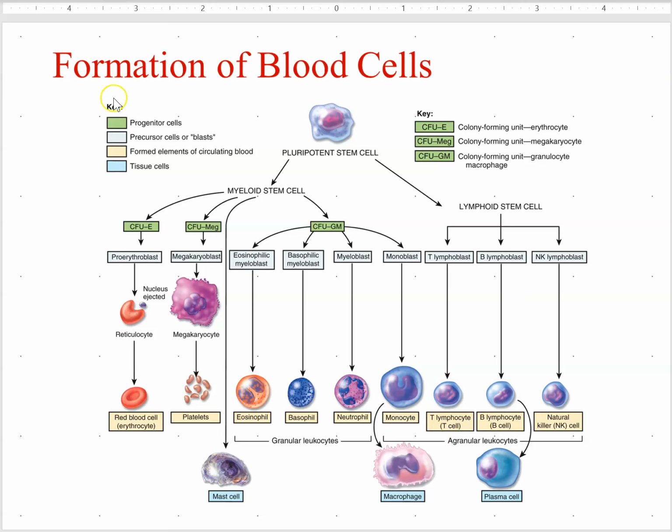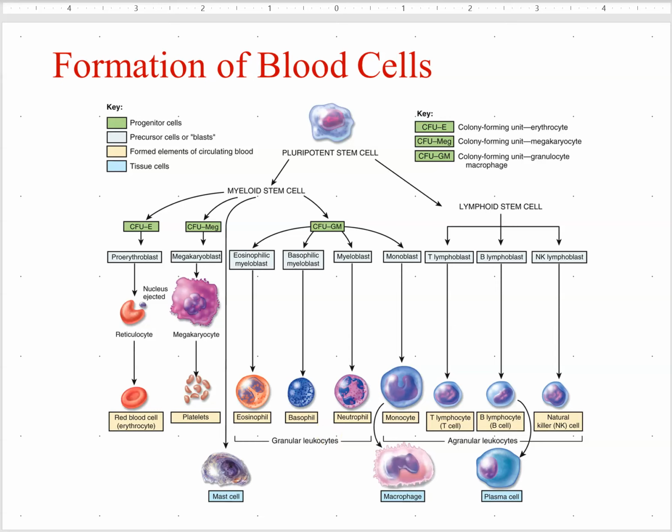And the next type of cells are myeloid stem cells. Myeloid stem cells give rise to all other formed elements, including erythrocytes, which are nothing but red blood cells. Then you have platelets that are formed from megakaryocytes. And then it also gives rise to other formed elements, including the three types of granulocytes: neutrophils, eosinophils, and basophils.